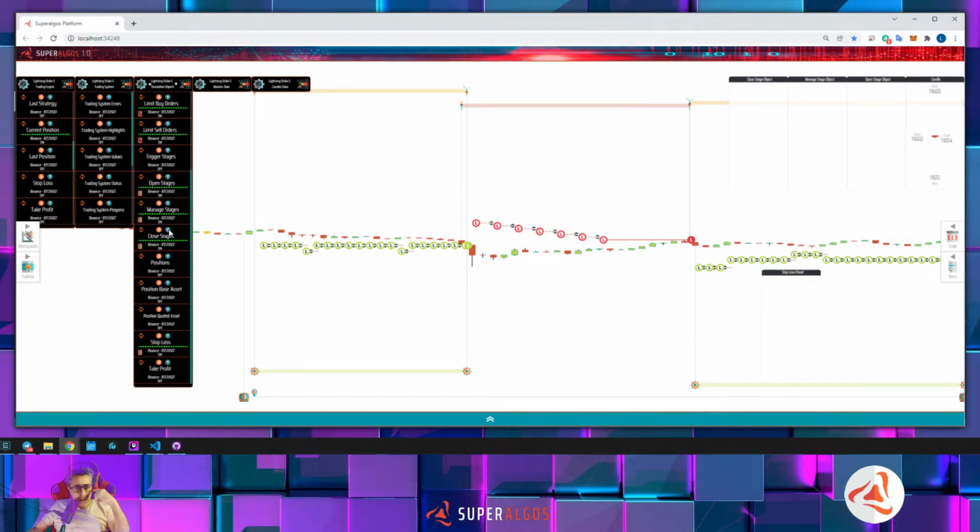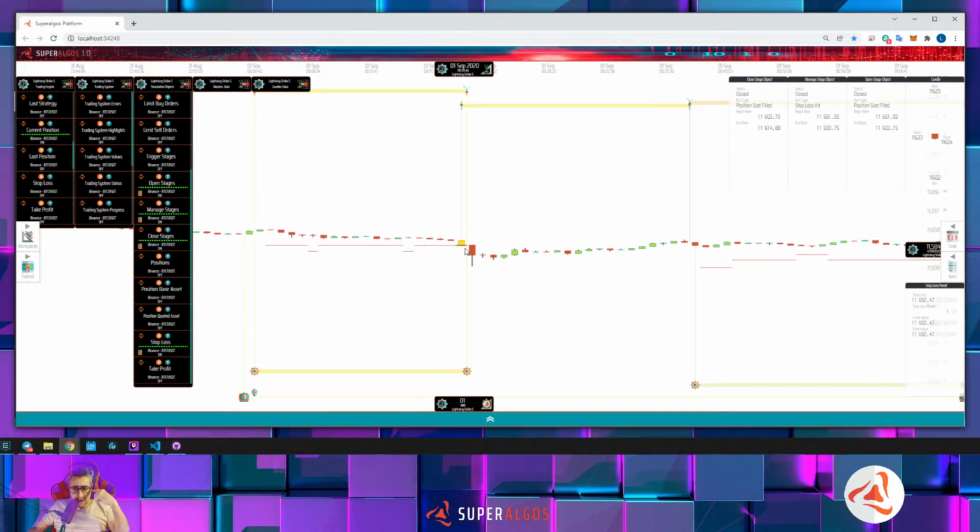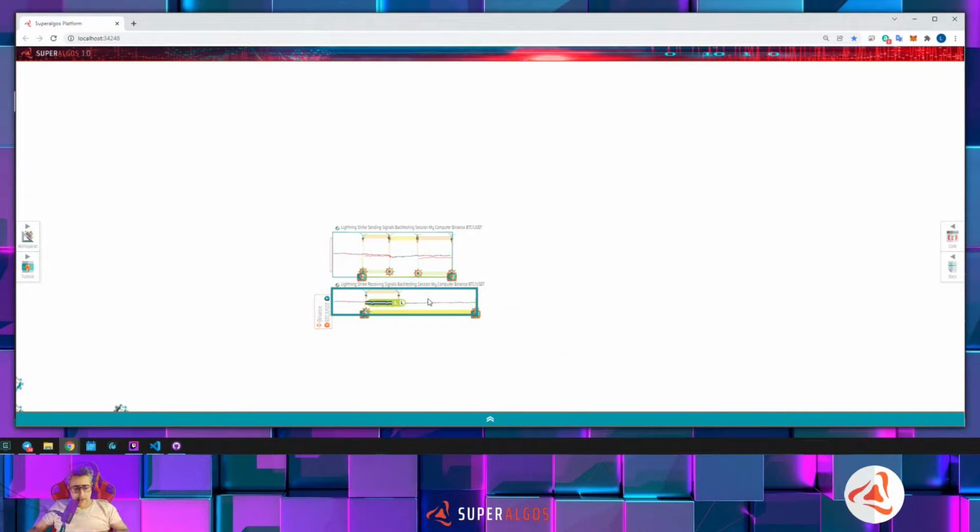It looks like it is overlapping with the orders. Okay, here we can see that it touched the stop loss, this candle. That's why it exited the market, it exited the manage stage. Okay, so this is the guy sending the signals.